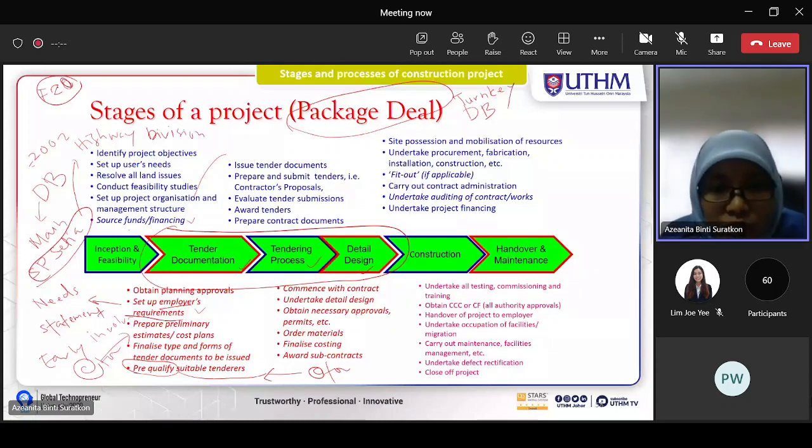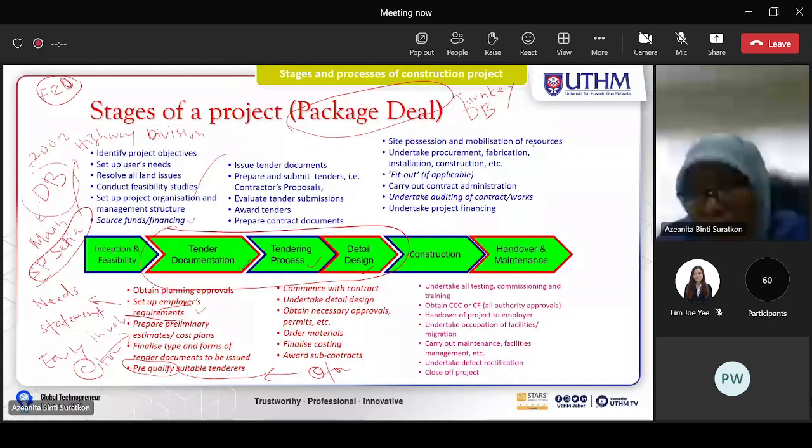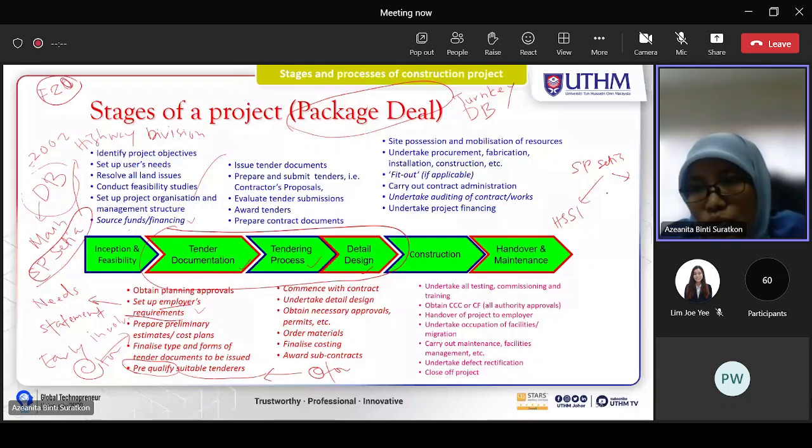They use design and build. SP Setia is the main contractor, and under SP Setia they appoint 2 consultants to work under them, HSSI and SP Perunding. These are also 2 big, very famous consultants.